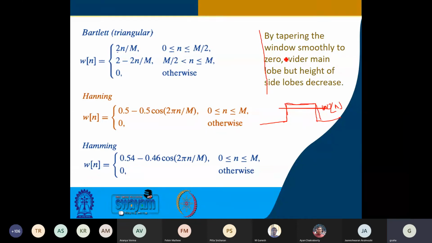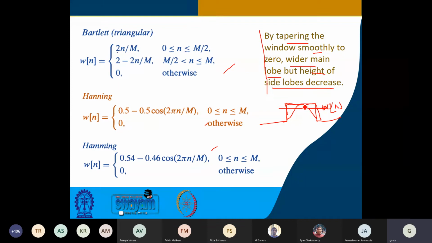So by tapering the window smoothly to 0, we get a wider main lobe, but the height of the side lobes decreases. These different functions that you see are just different kinds of tapering schemes, different plots that you will see.